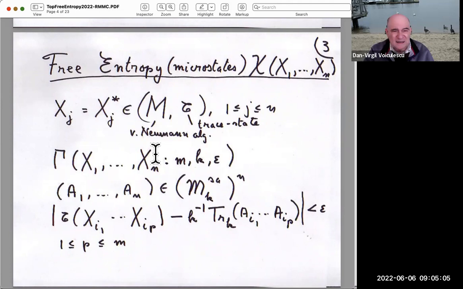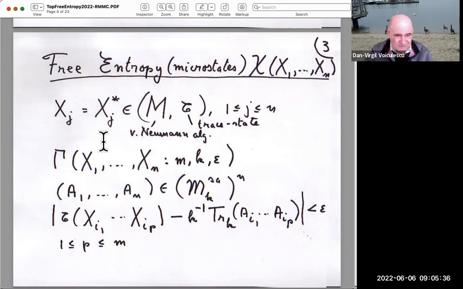So I'm having here M, a von Neumann algebra, and tau, a trace state, and I'm having an n-tuple of self-adjoint elements. The x_j are self-adjoint, j goes from 1 to n, elements in a von Neumann algebra, which has a faithful normal trace state tau. Can think of a II_1 factor if you want.